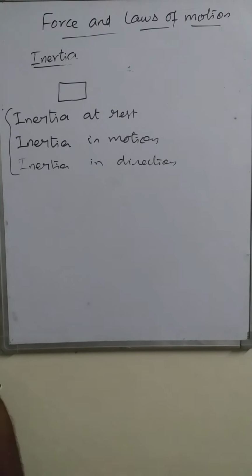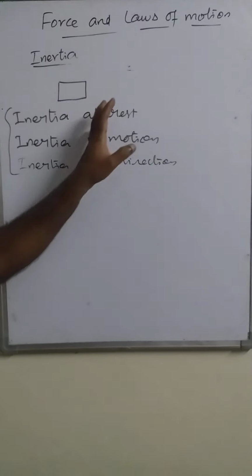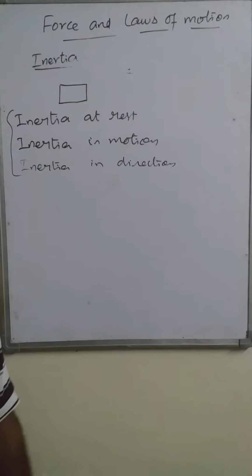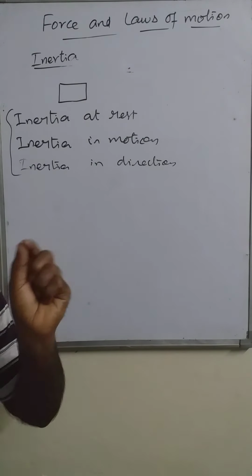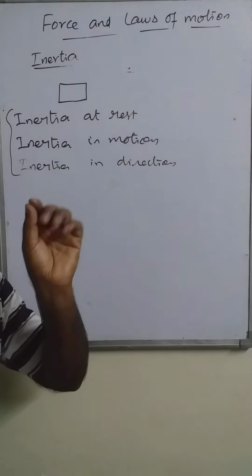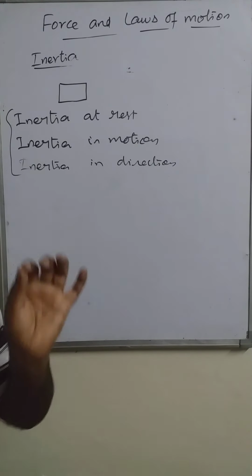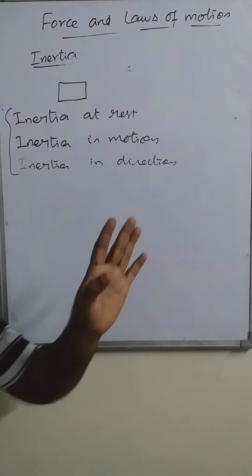So, these are the three types of inertia. Defining them: inertia at rest means if an object is at rest, it will stay at rest unless it is compelled by an external unbalanced force.